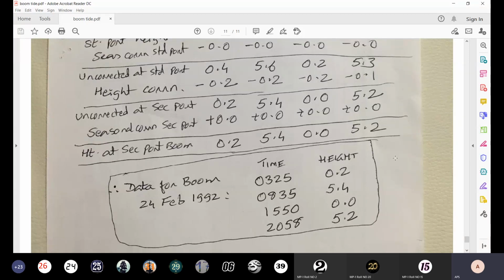Okay, half the question, or the main part of the question, is complete. Now we have to do the other one. Any doubt?